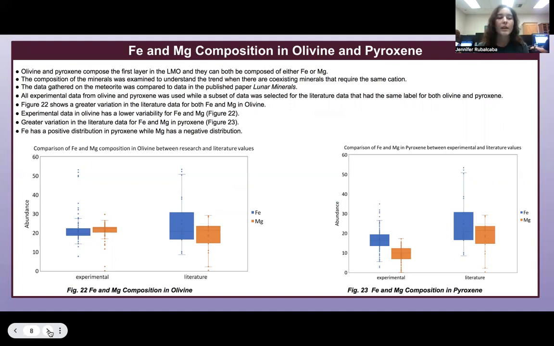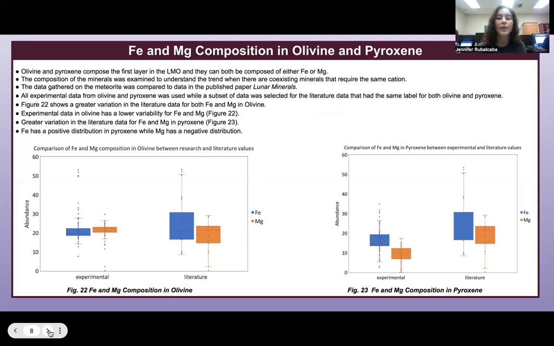It shows that there was a greater variation in the literature data for both iron and magnesium, while the experimental data had a lower variation. Looking at that graph, we can see that there's a positive distribution for iron overall and a negative distribution of magnesium. We can see that as we look at the X denoted in the box plot, which stands for the average value.